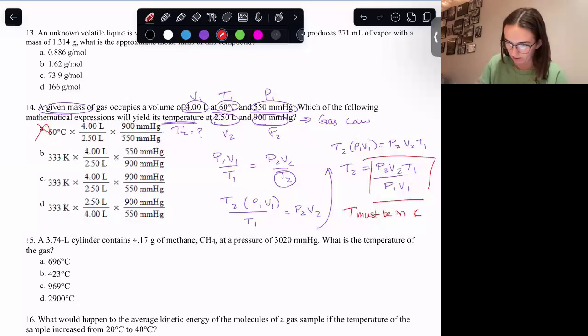So this is T1, this is V2, oops, V2, this is pressure 2, 4 liters is volume 1, and 550 is pressure 1, so that looks like D.